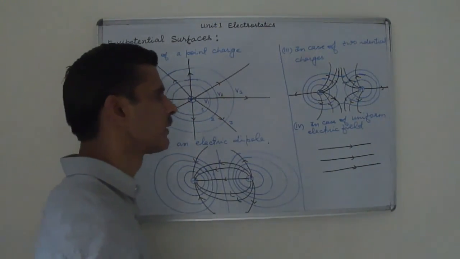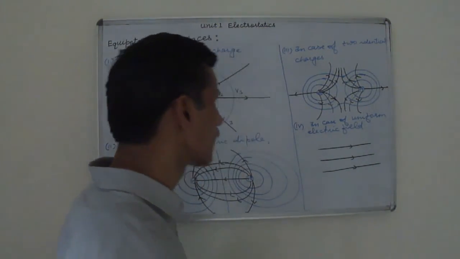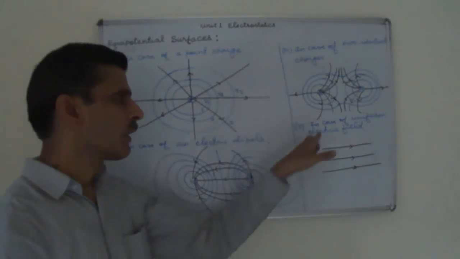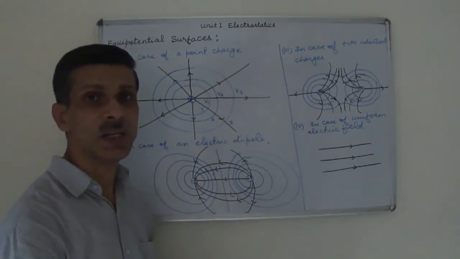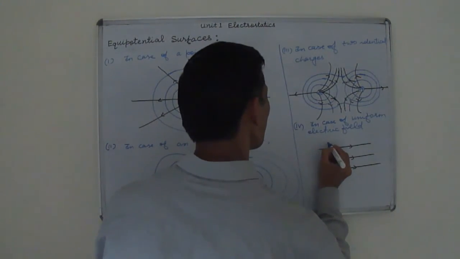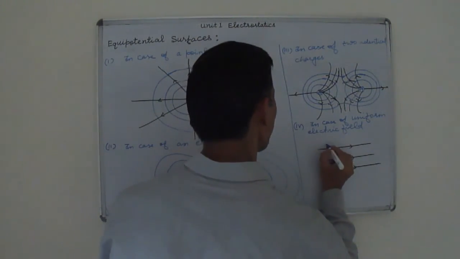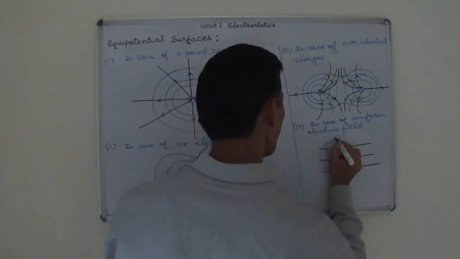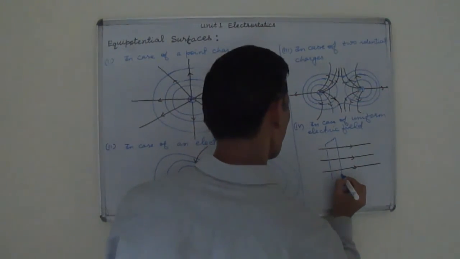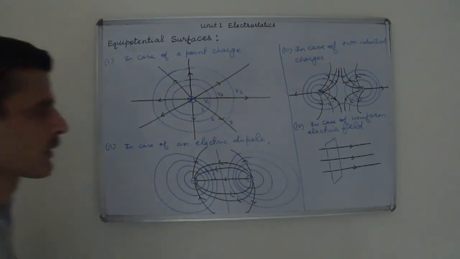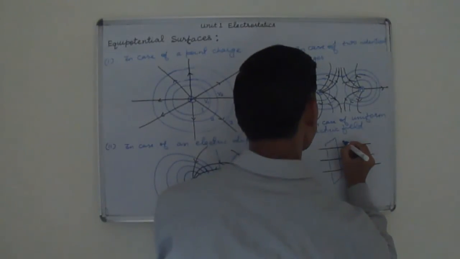Now let us draw here equipotential surfaces. You know, electric field lines and equipotential surfaces are perpendicular to each other. So here we can draw surfaces like this. This is one surface. You can draw another surface.